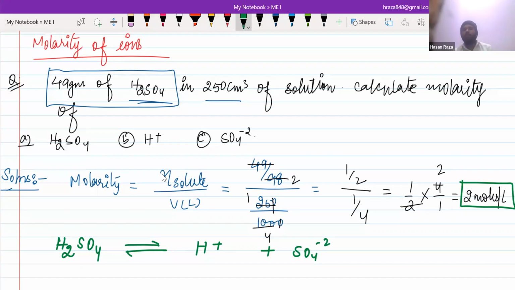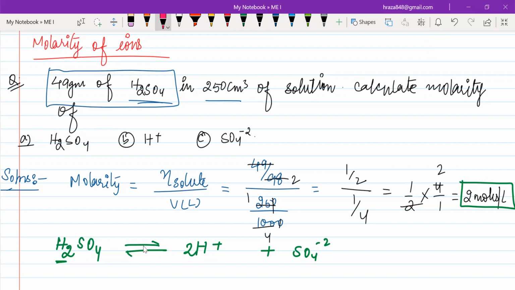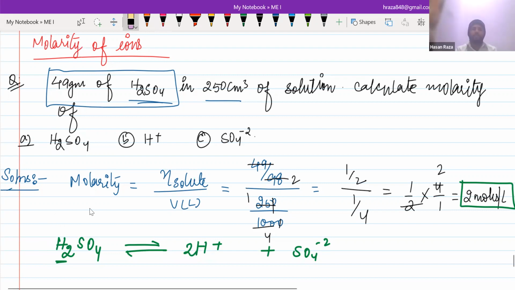Is that clear, Anushka? Yes, sir. Now what is the stoichiometric coefficient here? 1. Here, stoichiometric coefficient 2, and here 1.